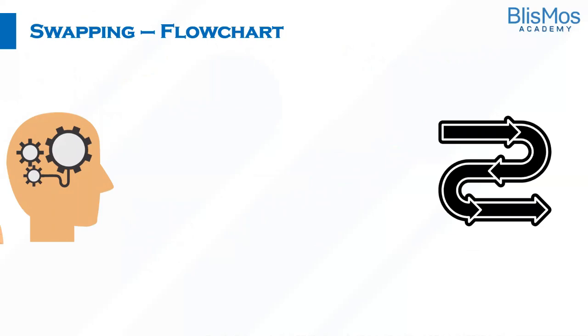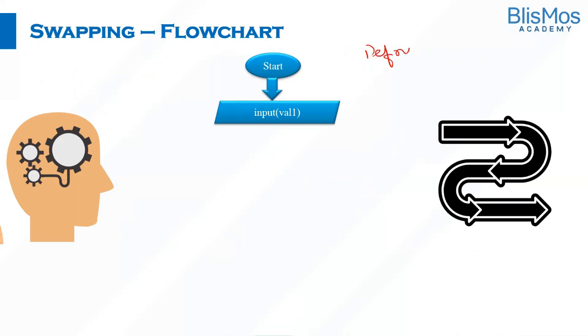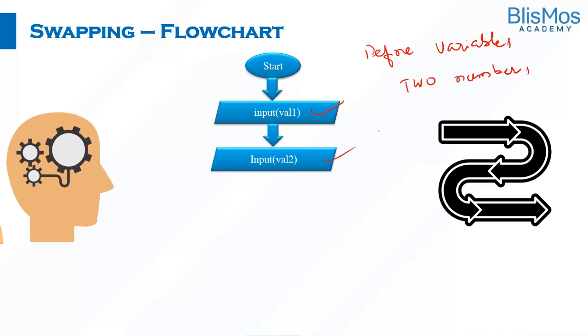When you say you want to write a Python program, first and foremost thing is you need to define the variables. In this case, we are talking about two numbers. We want to swap the two numbers, right? So we have input 1, then we have another input.